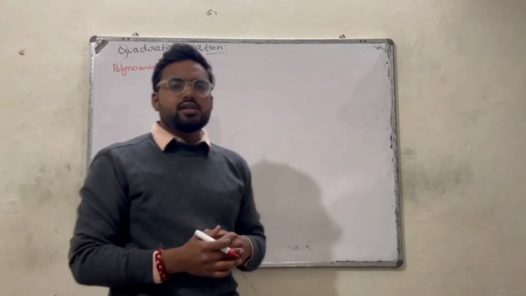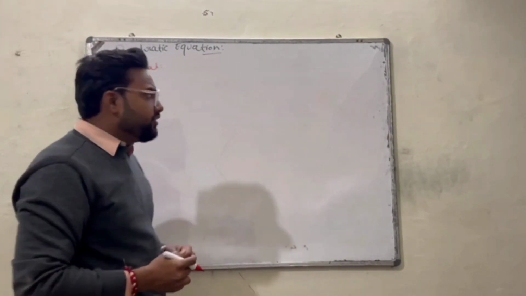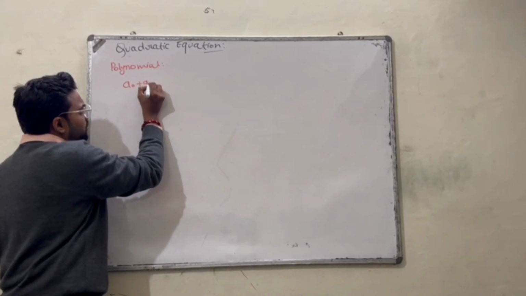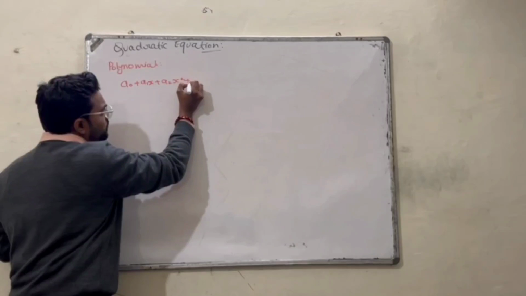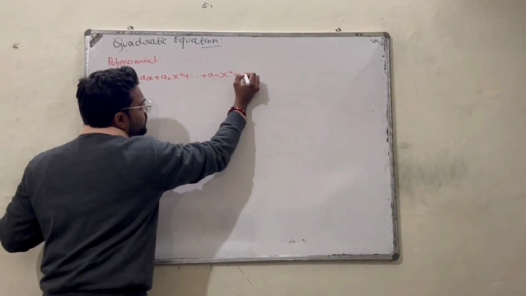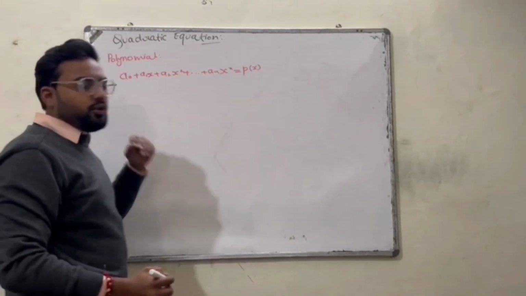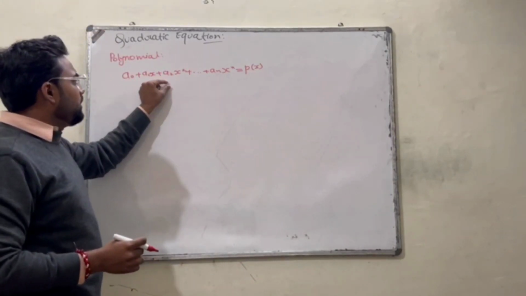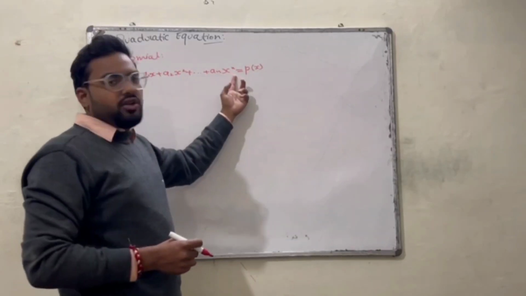An expression in the form of a0 plus a1x plus a2x square plus dot dot dot an x to the power n is equal to p(x) is called a polynomial of degree n, where a0, a1, a2, dot dot dot an are real numbers and n belongs to natural numbers.